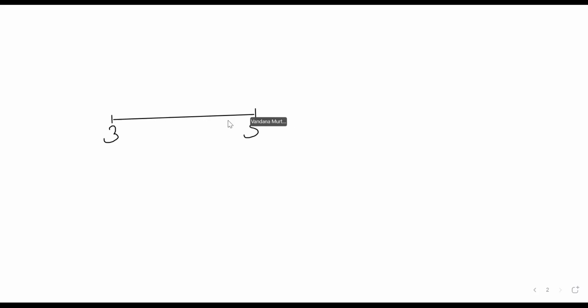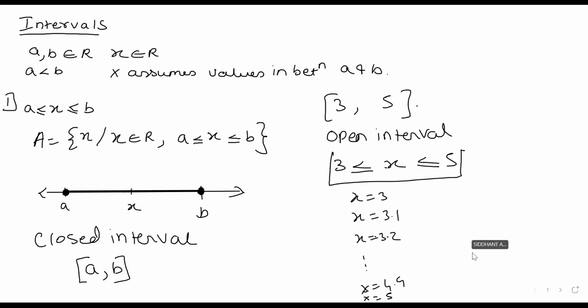It will end till 4.9, but it will not even touch 3, not even touch 5. लेकिन अगर यही क्लोज इंटरवल होगा तो वो 5 को टच करेगा, वो 3 को भी टच करेगा. Getting this? Yes. This is your open interval. That was open interval. This is closed interval.